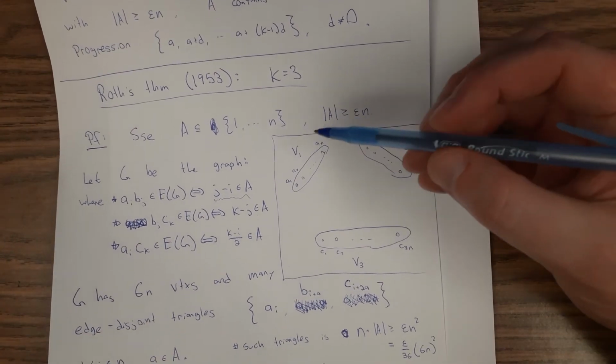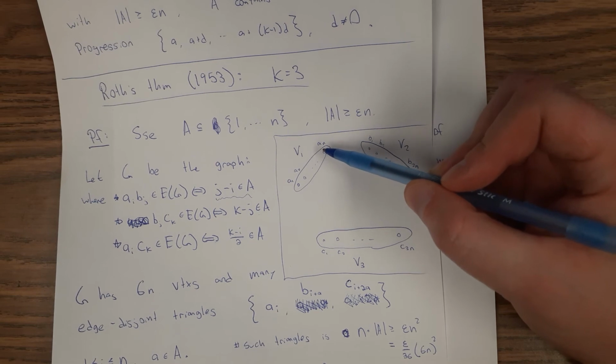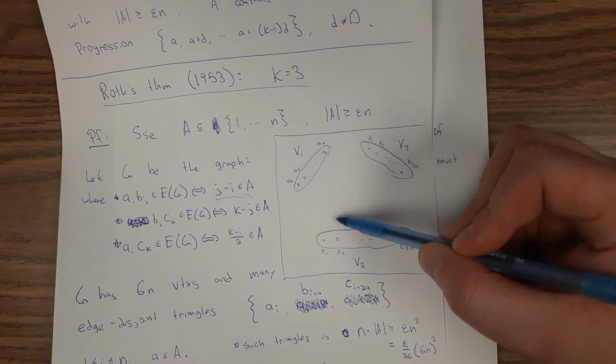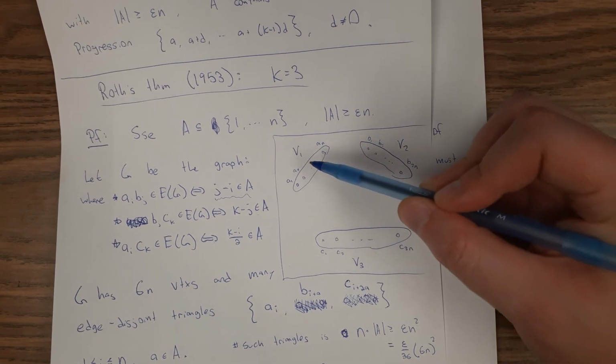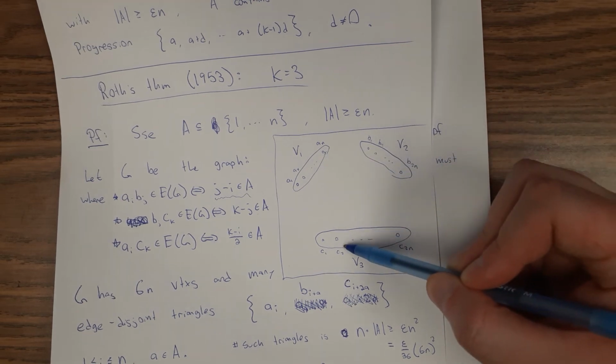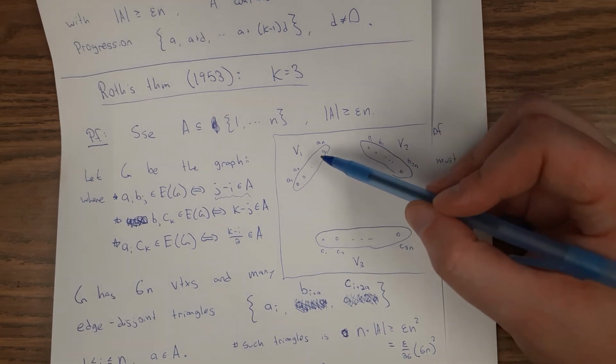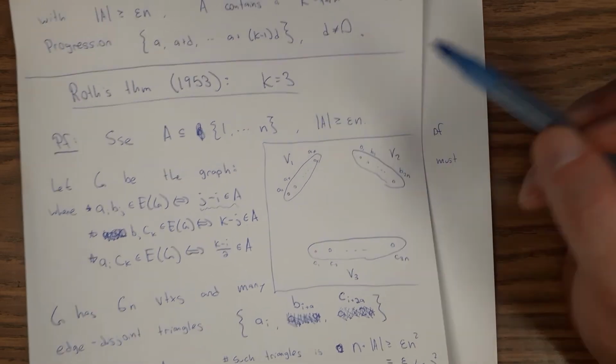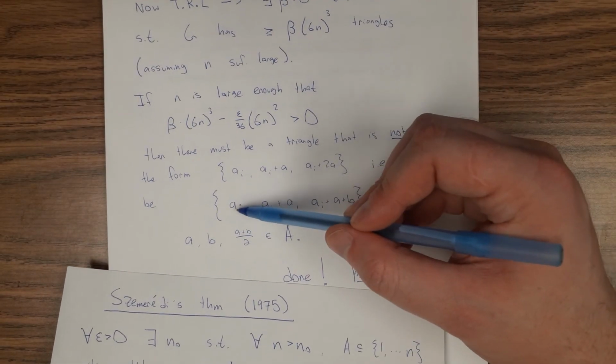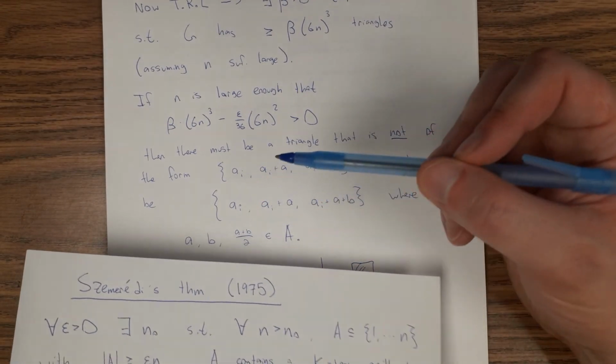So let me go back to the picture. So how can we have a triangle? This is a tripartite graph, so it has to have a vertex from here, one from here, one from here. So say A sub I is your vertex from here, and so that's just anything.